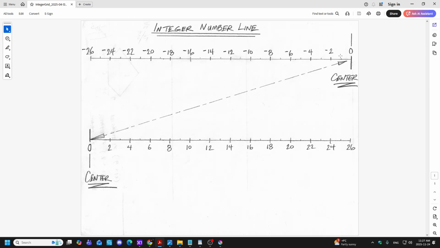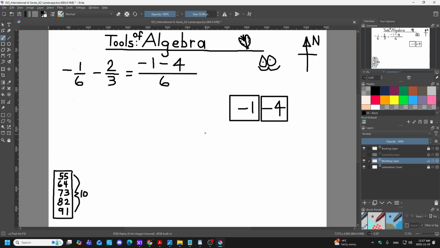Okay? -1, 2, 3, 4 jumps. That puts us at -5. If I begin at -4, well, obviously we're going -1 jump. Again, we're at -5. That is our answer.